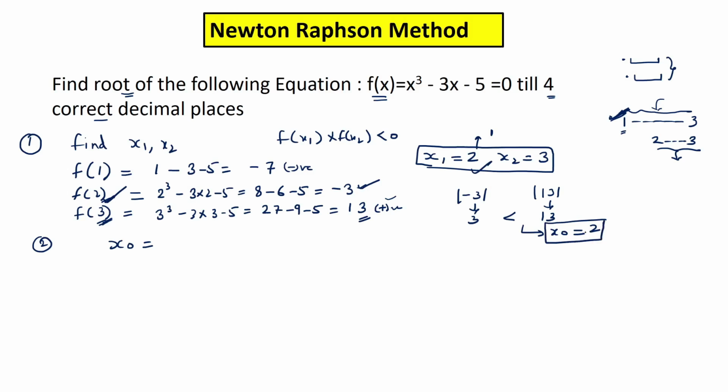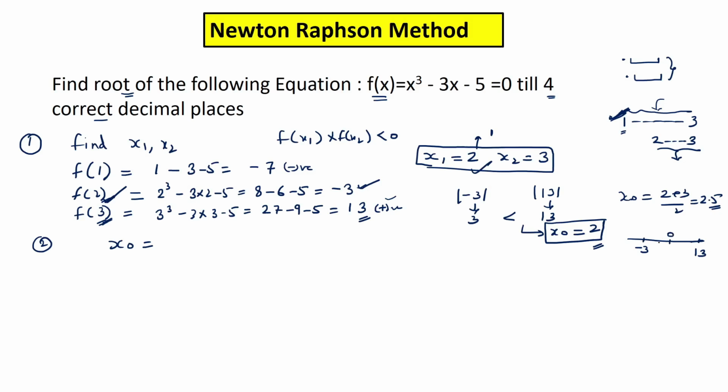You can also take the value of x0 using this midpoint formula, that is 2 plus 3 by 2, that means 2.5. That will also be correct, but the other one is a good value. Why? You can see minus 3 will be somewhere here, and this 13 will be somewhere here.